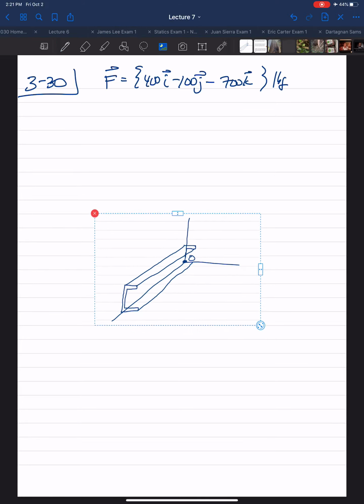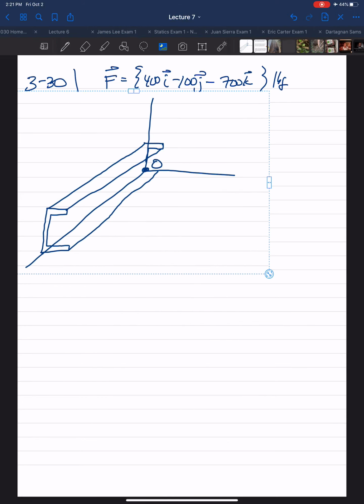Let's knock out another problem. This is similar to the one we just worked. You're given a force F, 400i minus 100j minus 700k pound force. Let me insert the picture I just drew so I don't have to work that again.